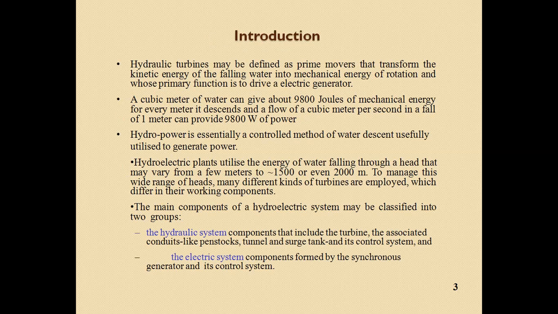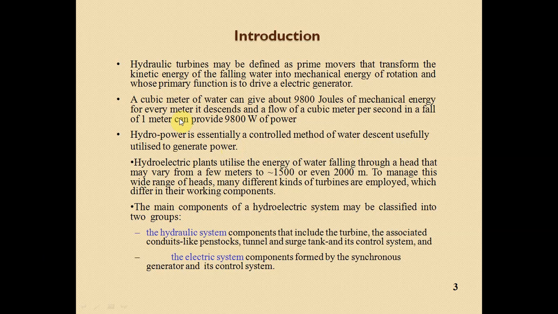Introduction. Hydraulic turbines may be defined as prime movers that transfer the kinetic energy of falling water into mechanical energy of rotation, and whose primary function is to drive an electric generator.